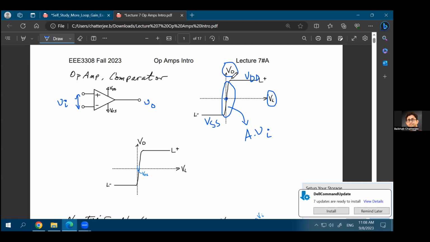So let's just assume that you have your VDD and VSS, those are the 2 levels where this signal is getting clipped. And the clipping part is obvious, right? It is clear to you. Why does it clip? Because you cannot create very high voltages, or any voltage that is higher than VDD or lower than VSS. That's why you see the clipping phenomenon.